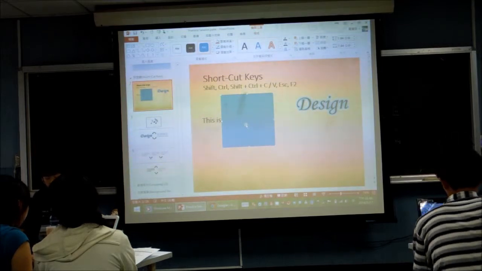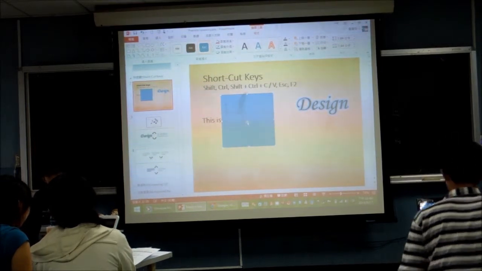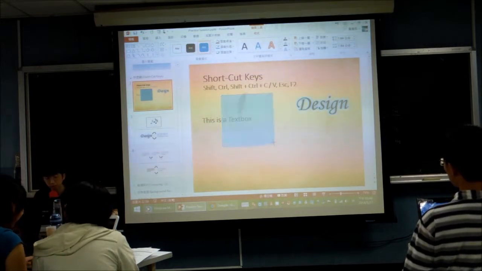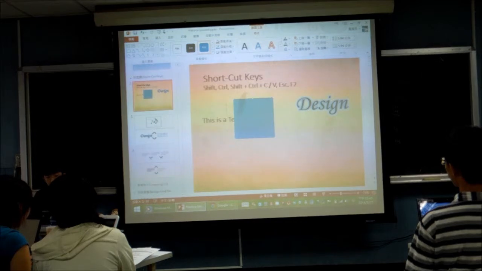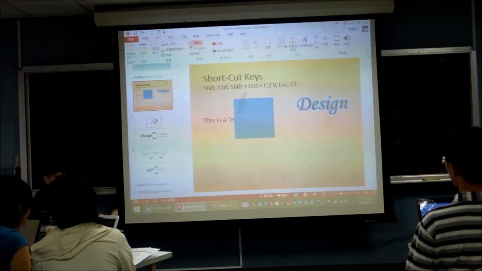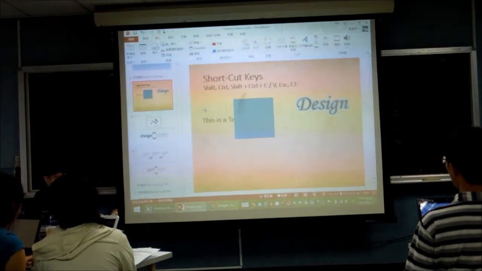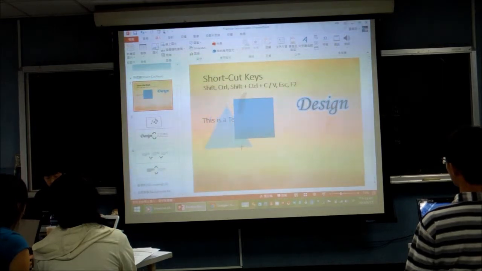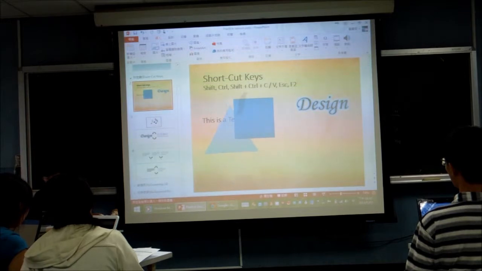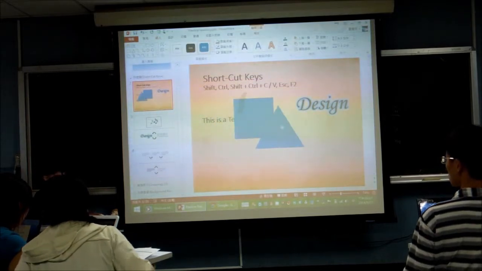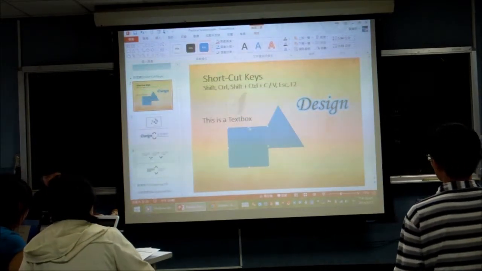When it comes to resizing, by pressing shift, you can resize it by the same ratio too. This works for other shapes such as a triangle. Here, this is without pressing shift, and this is pressing shift. Okay, now this is about the key shift.